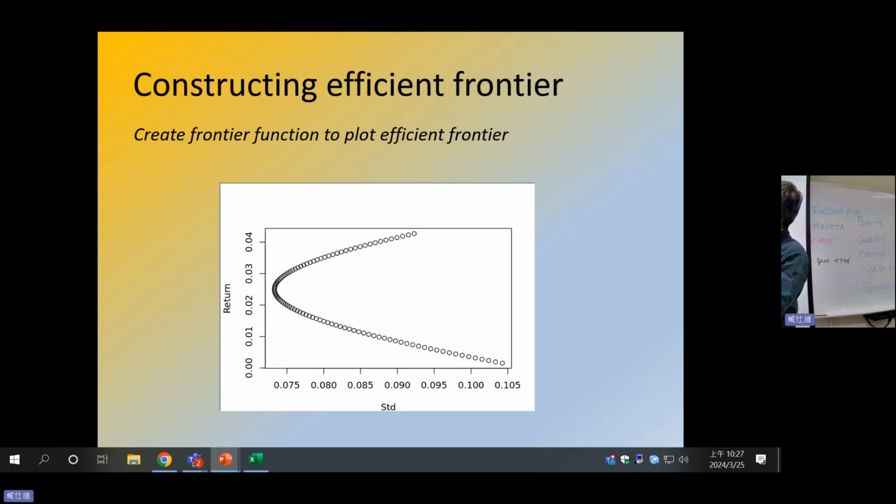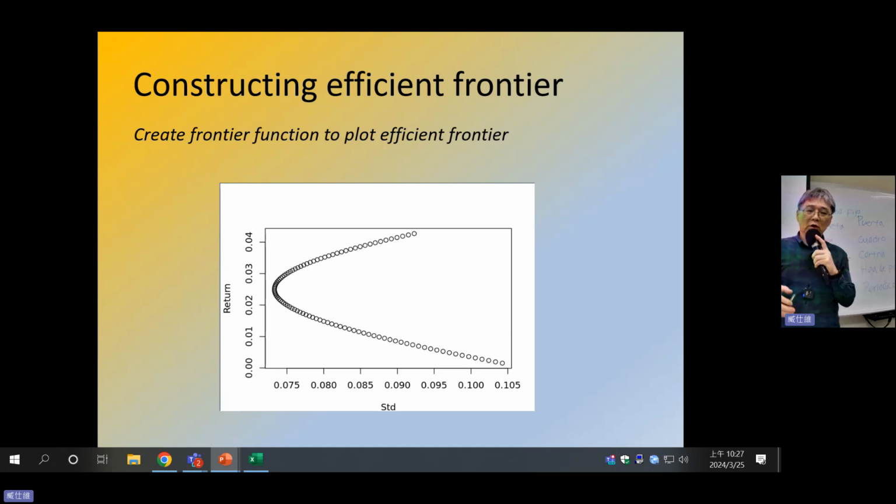How can we generate this plot? Every point on this plot denotes an efficient portfolio, which means for a given rate of return, we find the minimum variance portfolio.